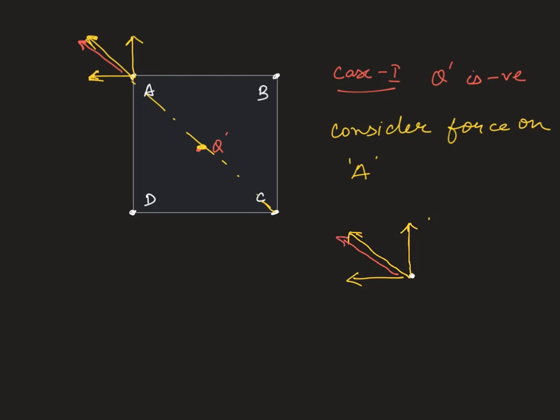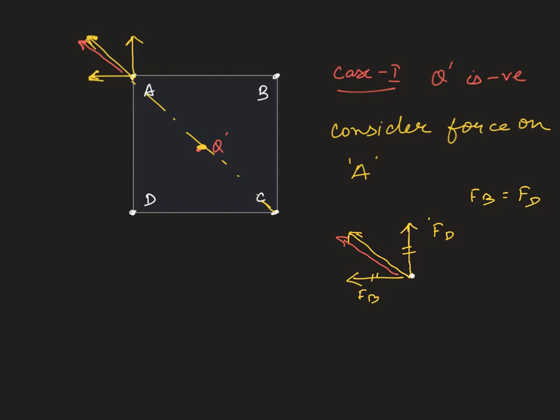Now let's consider first these two charges, force due to B and D. And we know that force due to B is equal to force due to D because the distances are same and the magnitudes are same.